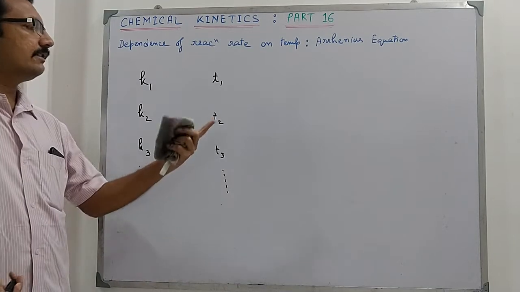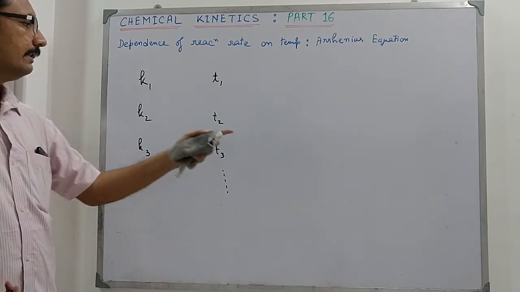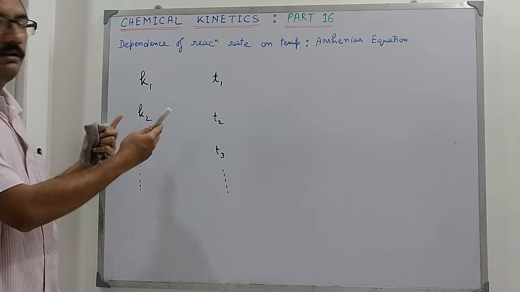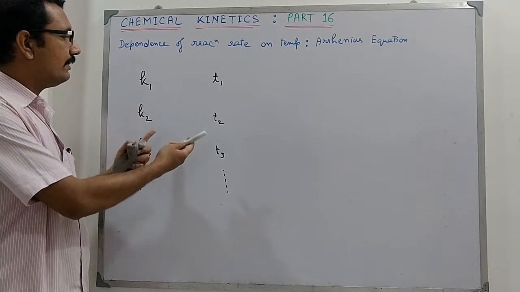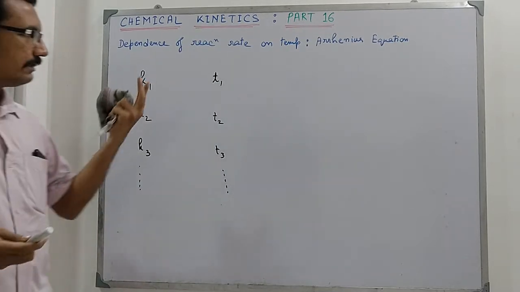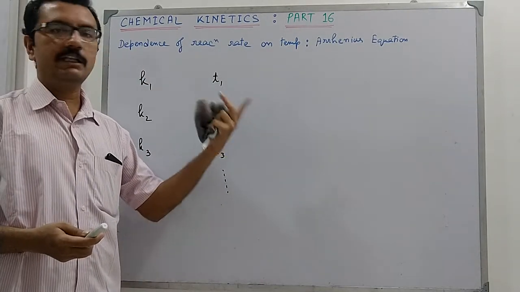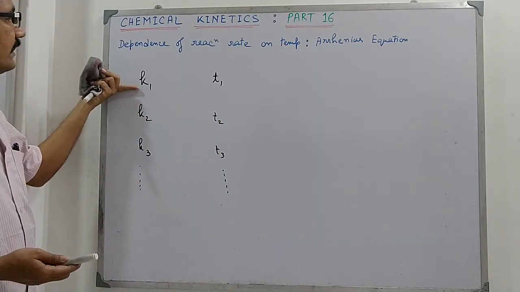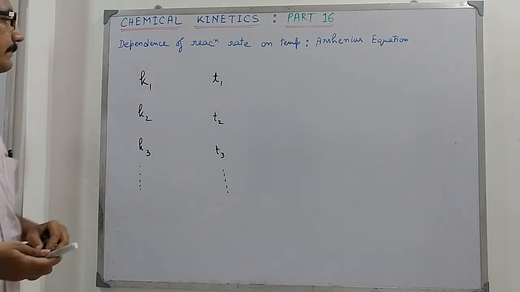Also, he repeated the same process for different reactions. Now he tried to have a relation between the rate constant and temperature. So he was in search of an empirical equation that relates the rate constant of a reaction with temperature.